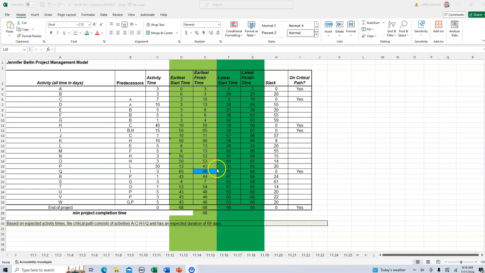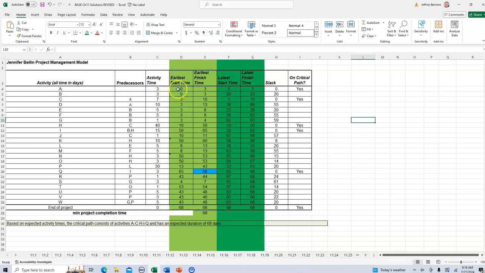And obviously, in this world, you do not want to extend the duration of your project. And those would be the activities that are on the critical path. So going down through the forward pass is easy. I think where everybody struggles is on the backward pass, but we'll talk about that in a second.